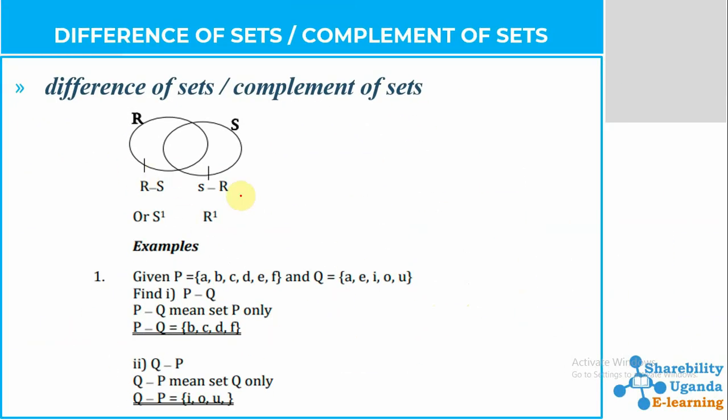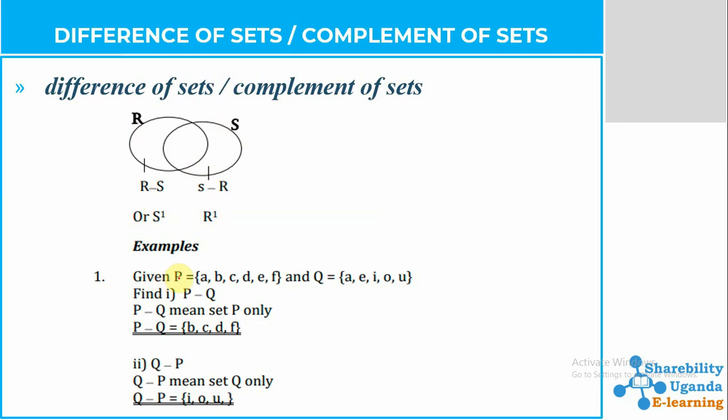As you have seen, they have given them here in this way, that our R only is the same as R minus S, and S only is S minus R. Then our S complement is the same as S minus R. So here you can see we have been given this.